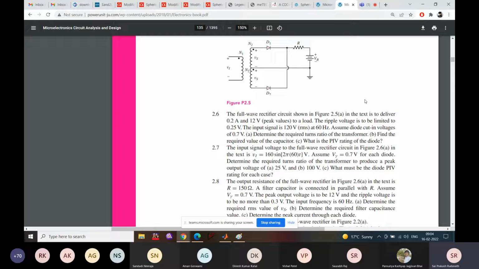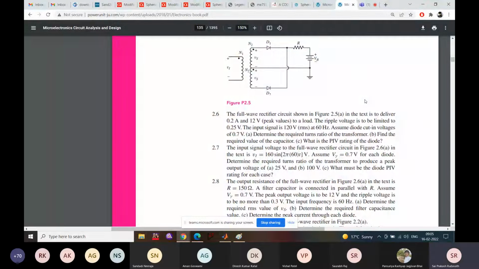It is given as 120 volts RMS value. Convert it to peak.